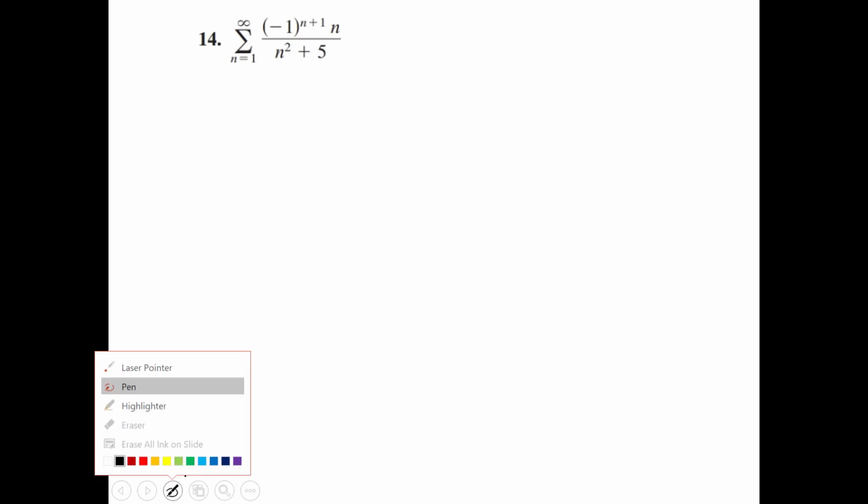Okay, so here we do have our nice little factor of negative 1 to the n plus 1. So clearly this thing is alternating, right? Next, we need to show that the terms go to 0.